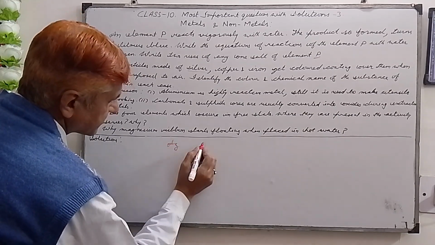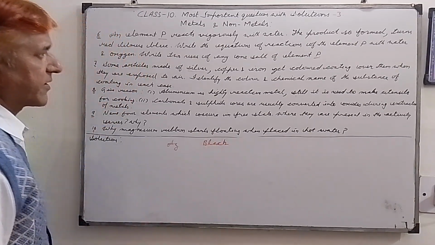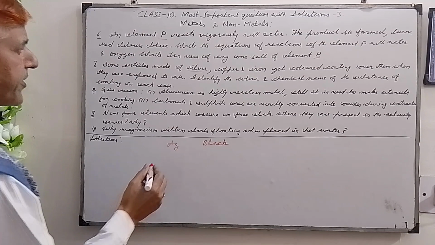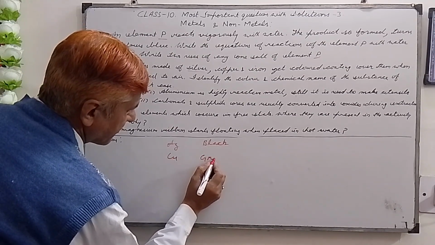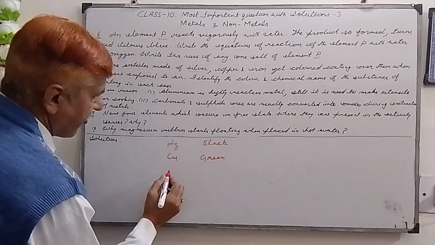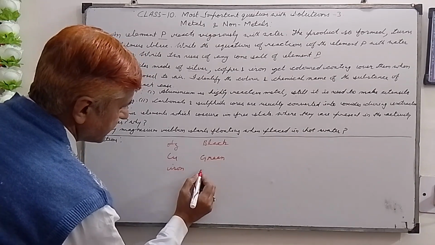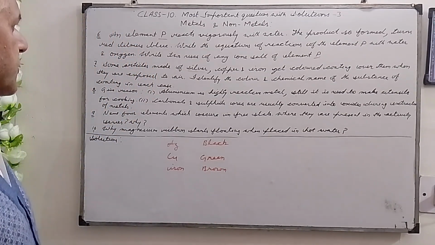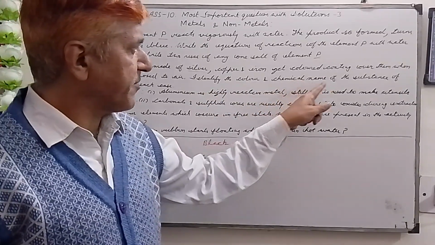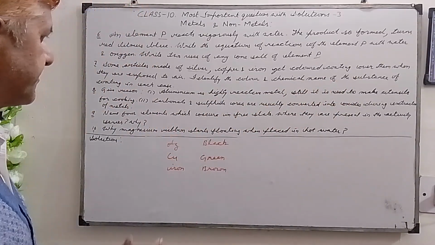Black color. And on copper we see a green color coating. And on iron we see brown color. So identify the color and chemical name of the substance of coating in each case.